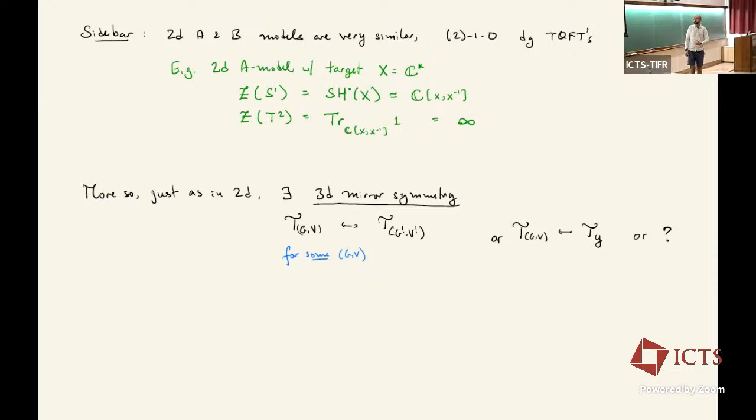And in 3 dimensions, there's an analogous physical duality called 3D mirror symmetry that relates some pairs of gauge theory data, (G,V) and (G dual, V dual), or in some cases relates a gauge theory to a smooth target Y, or in many other cases, I'm going to say we just don't know.